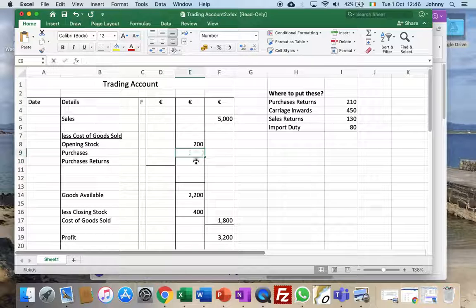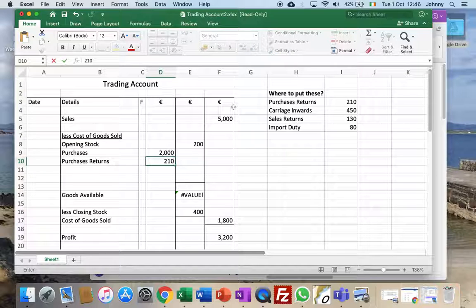So my 2,000 for purchases, I'm going to put that over here, and my purchase returns is 210. So that's going to go there, and we'll be subtracting it, okay? So maybe I'll just put a minus symbol in front of it to make it easier to understand. So the real figure then is going to be 2,000 minus 210, so 1,790.